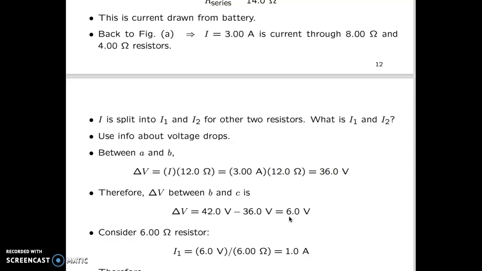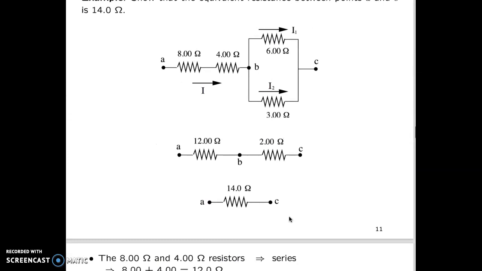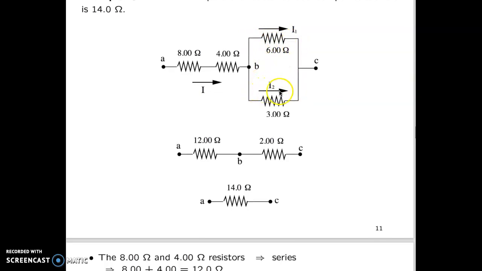Okay, 6 volt drop. If there's a 6 volt drop, think about what that means. Between B and C, a 6 volt drop. Oh, that's just the voltage potential difference across each of these two resistors.